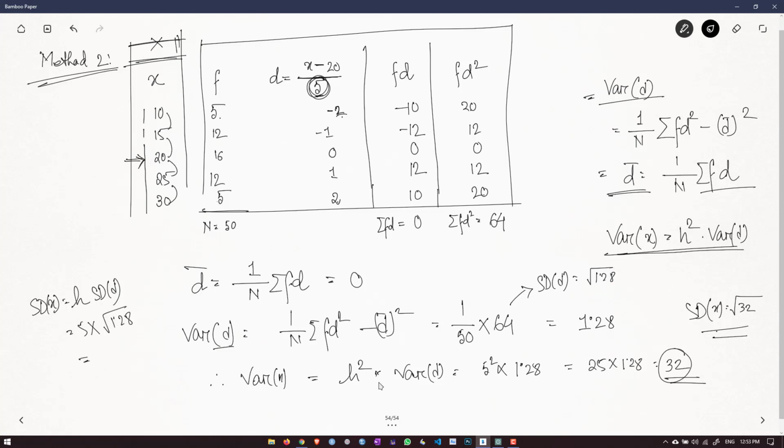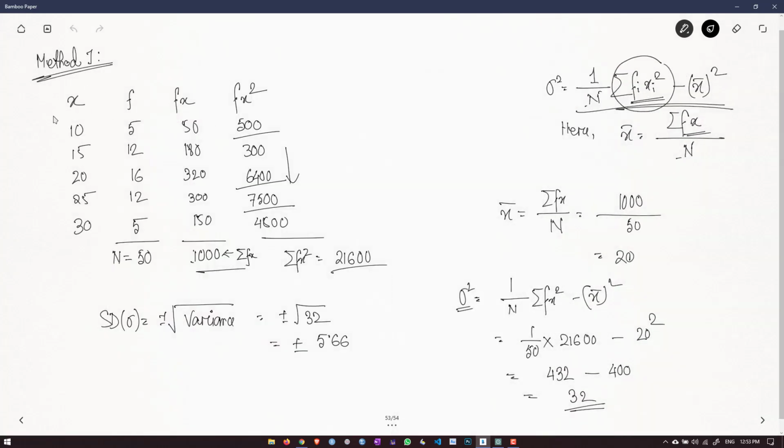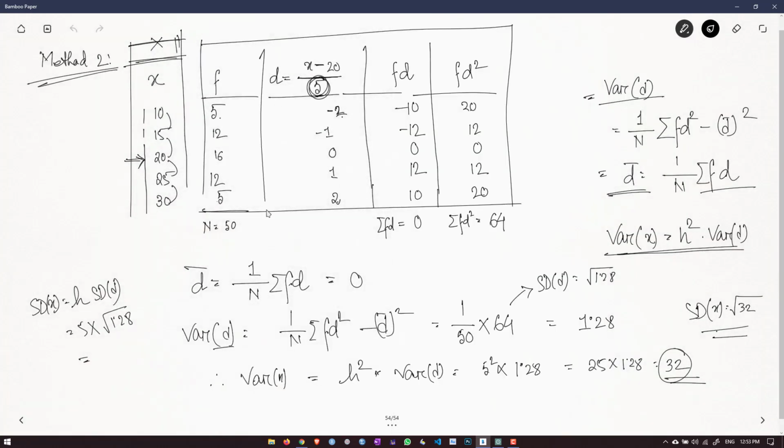You will get the same result in both cases. So this is how we calculate standard deviation if you have frequencies. Now method 1, without creating a new data set, is also a correct way, but involves larger numbers in calculations. This is a simpler way of calculating the same data.